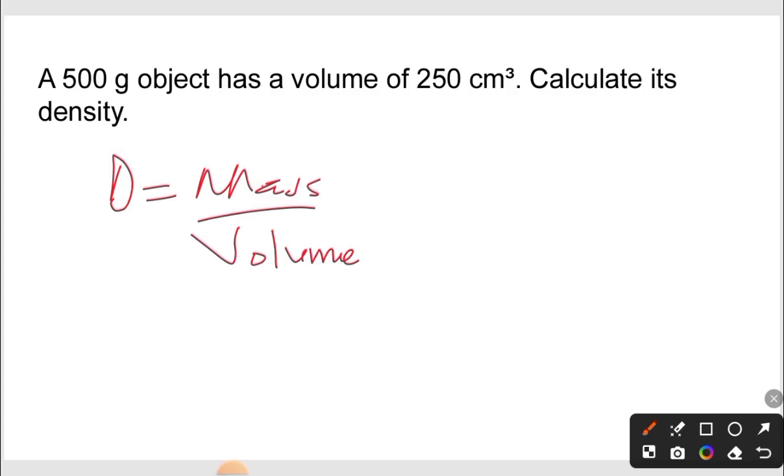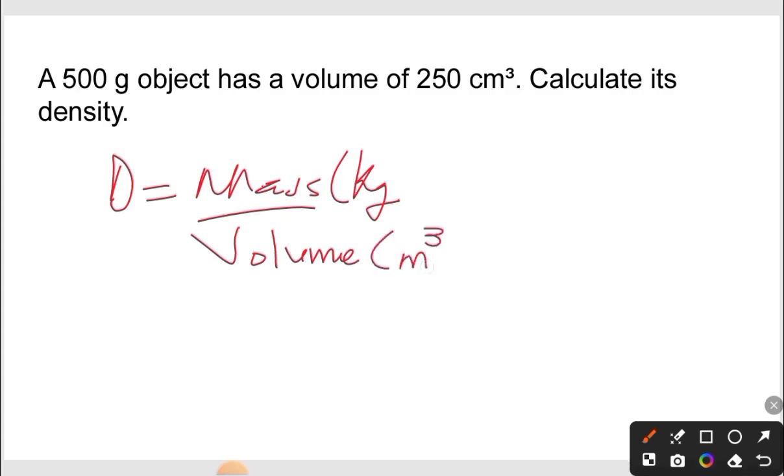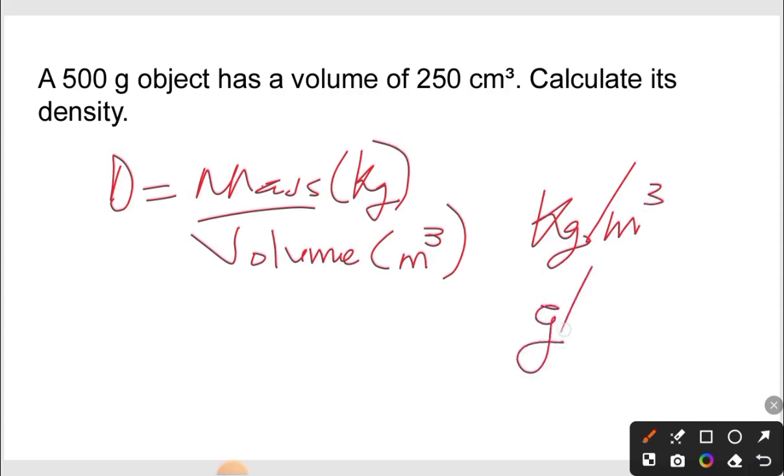So mass over volume. The unit of mass is kilogram, and then the unit of volume here will be meter cube. So after solving your question on density, you should have kilogram per meter cube as your unit, or gram per centimeter cube.